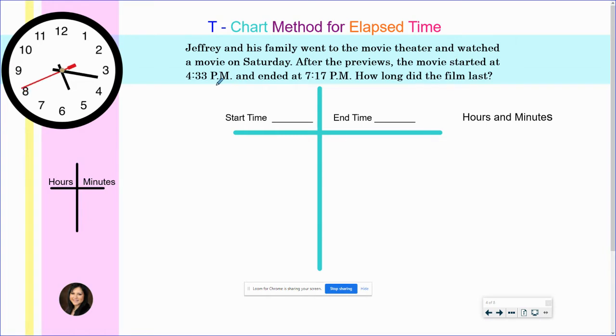So what we're going to do is create a T-chart with the start and end time. Then we will work in increments, listing the amount of elapsed time on the side. Add up the times when we are finished. So let's go ahead and begin by putting our start time here.